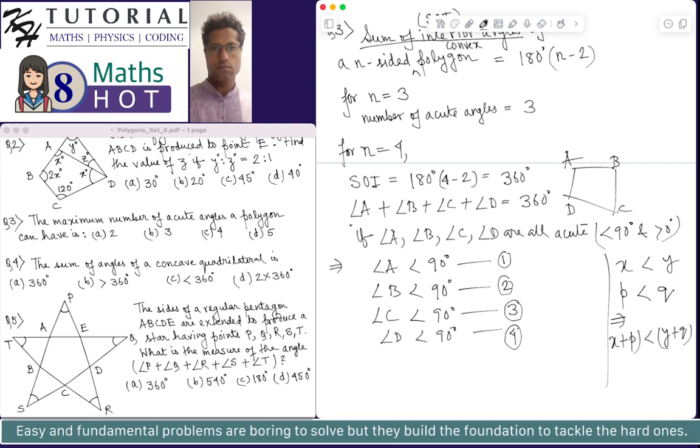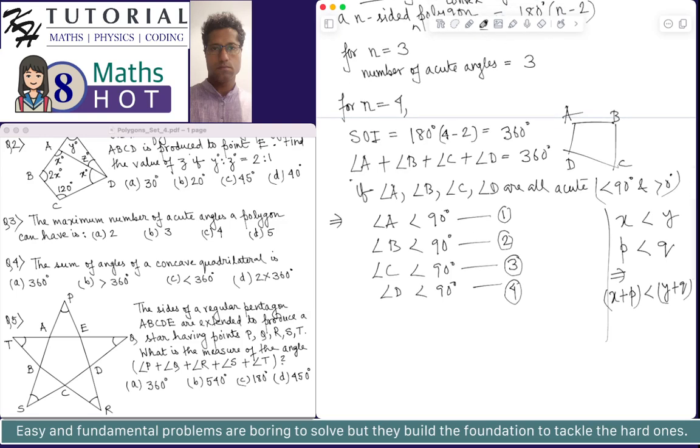We can say this. So I will apply this concept in these 4 results, and I can say that angle A plus angle B plus angle C plus angle D will be less than 90 degree plus 90 degree plus 90 degree plus 90 degree.